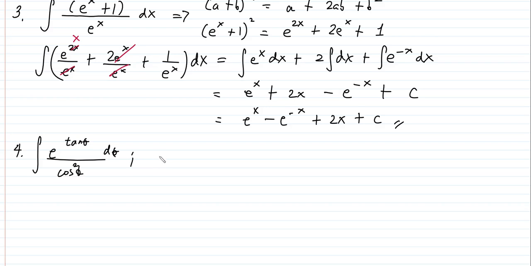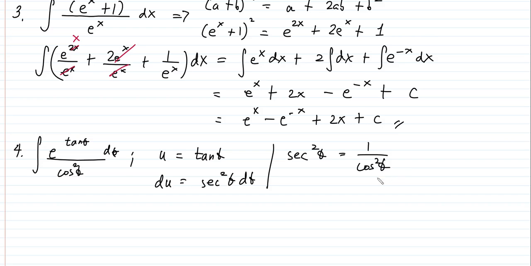The appropriate u there would be tangent theta, and the differential of tangent is of course secant squared theta differential theta. As you can see, we cannot find secant squared theta, but we have to remember that secant squared theta is equal to 1 over cosine squared. So we can replace the 1 over cosine squared here by secant squared theta.